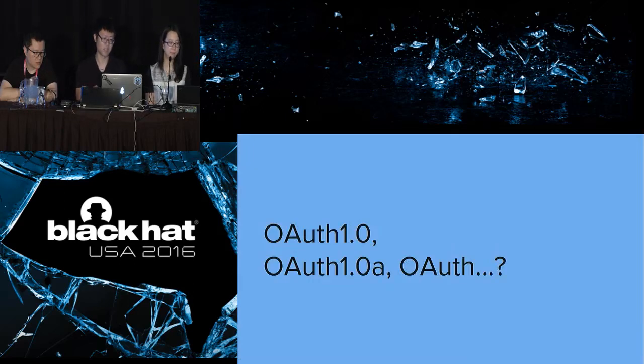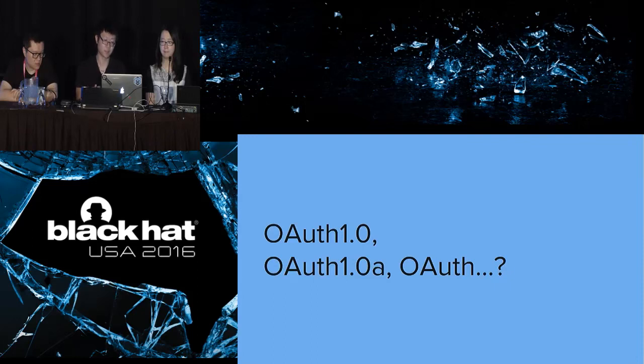Okay, we talked about OAuth 1.0 and OAuth 1.0a, and from a developer's point of view, what should a developer use for OAuth or for authorization? Based on the flow graph, you have already seen OAuth 1 is very, very complicated. There are a lot of redirections. They require developers to know cryptography, so this is not trivial.